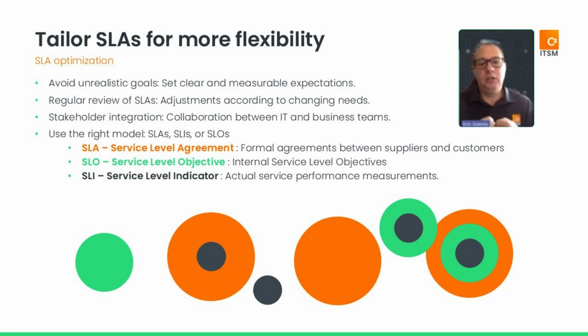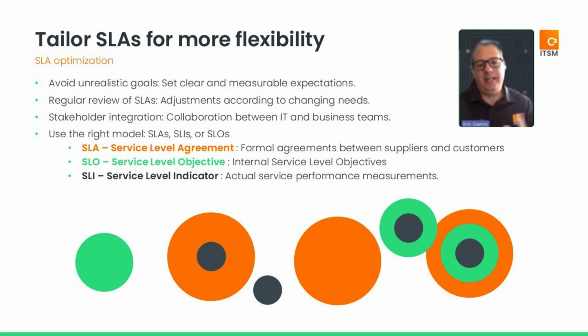It's what you need to achieve to meet your SLA. So the uptime, how many tickets you expect, how fast you will answer tickets, etc. And the indicators are what you will be able to measure, and what tells you that you are meeting the objective of the SLO and the SLA.